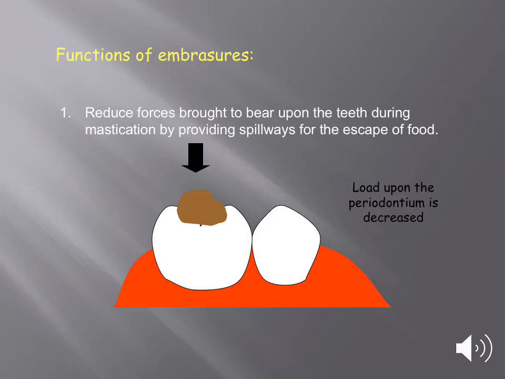Well, number one, it reduces the forces that are brought to bear upon the teeth during mastication. That means during the chewing cycle, wherein a bolus of food, for example, is being masticated, the embrasures provide spillways, or areas for the food to escape.